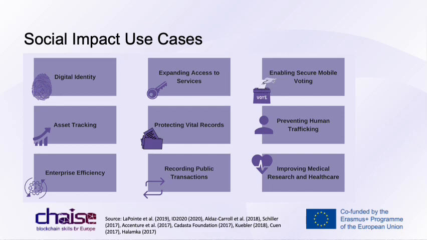Protecting vital records. Governments and other entities across the globe are exploring blockchain applications for vital record protection. Estonia is one of the world's leading governments in the adoption of e-government technologies for creating digital registries and online government services, which include securing over 1 million public health records with a form of blockchain technology.